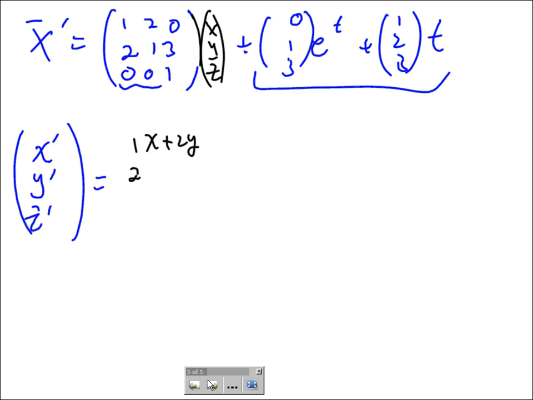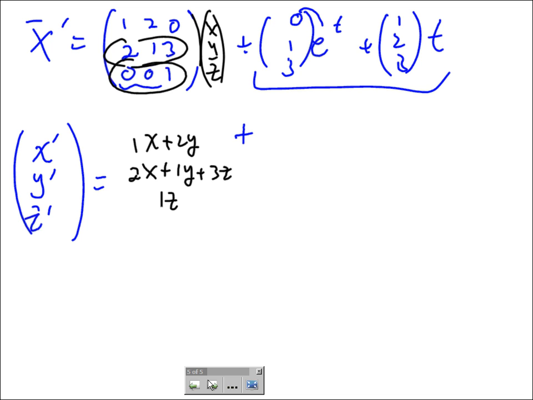Second row will be 2 times x plus 1 times y plus 3z. And the last row has 0x's plus 0y's plus 1z plus the function of t's.